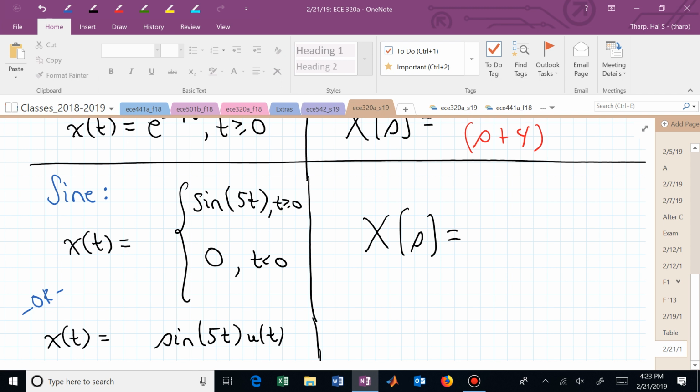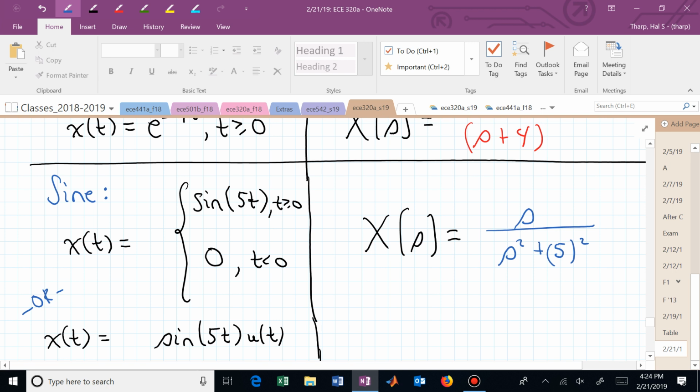Pardon? Okay, so the response was s over s squared plus 5 squared. Is that correct? So the answer given was s over s squared plus 5 squared.